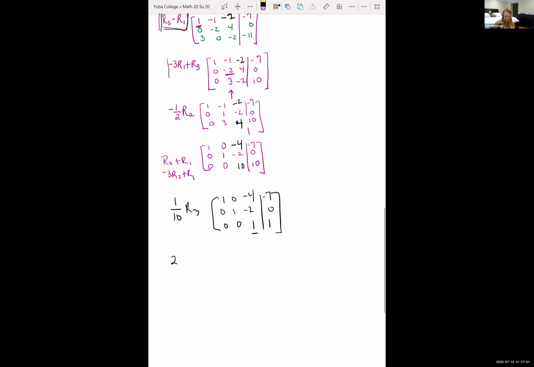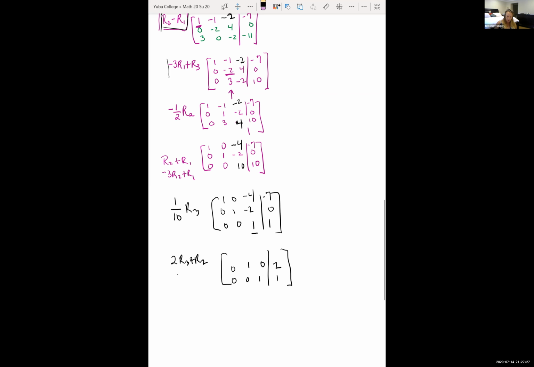So I can do 2 row 3 plus row 2. Row 2 now becomes 0, 1, 0. 2 times 1 is 2 plus 0 is 2.